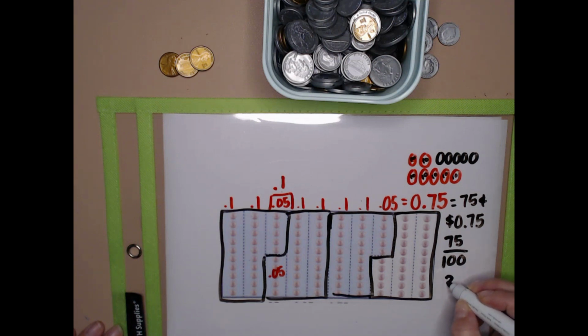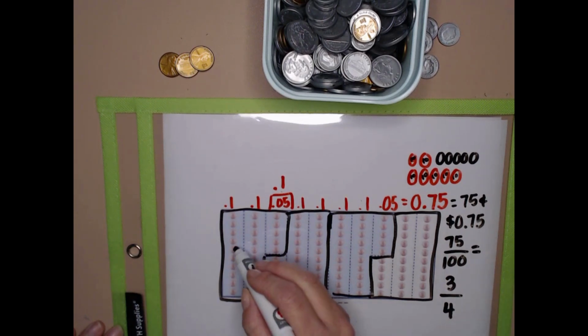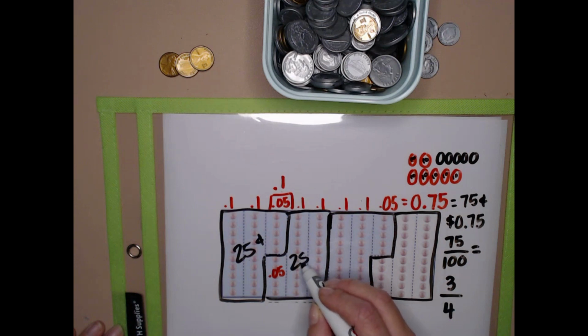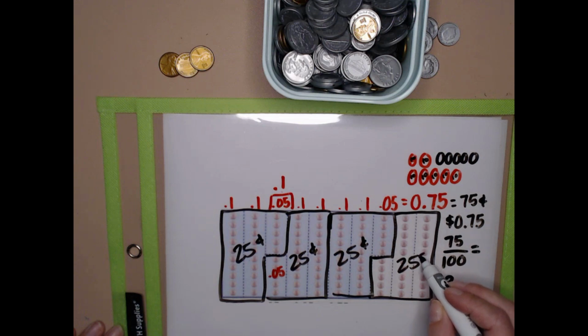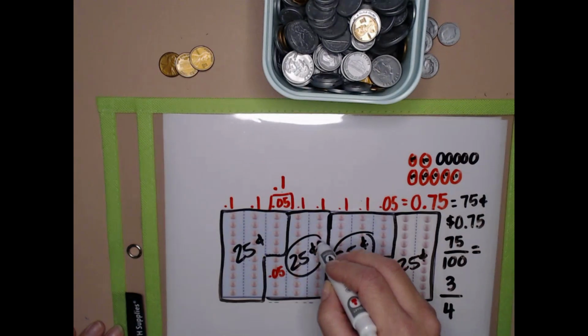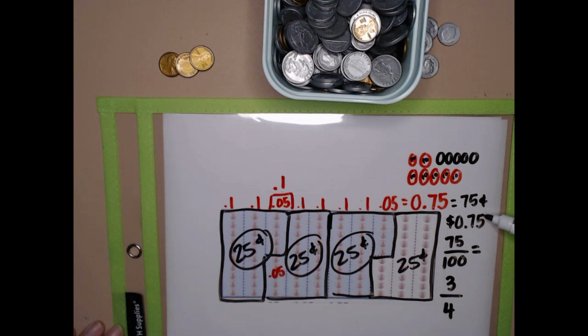I have 3 parts shaded out of how many? 1, 2, 3, 4. So we know that 75 hundredths is equal to 3/4 of a dollar. That would be like 3 quarters. And we know there are 4 in a dollar, but we're only counting 3. That's 75 cents. That's 0 and 75 cents. That's 75 hundredths. That's 3/4 of a dollar. We would say they are all equivalent.